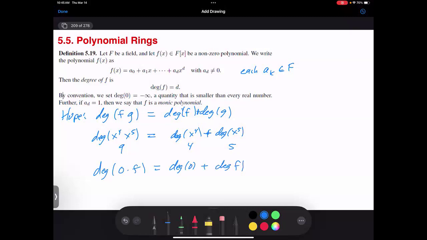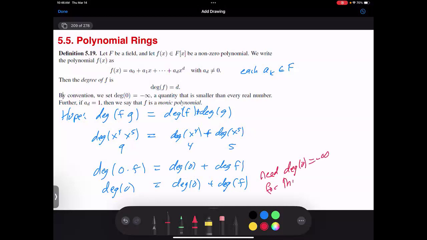Well, this is the same as the degree of 0. So if the degree of f is not 0, the only way this can work, we need the degree of the 0 polynomial to be negative infinity for this to work.